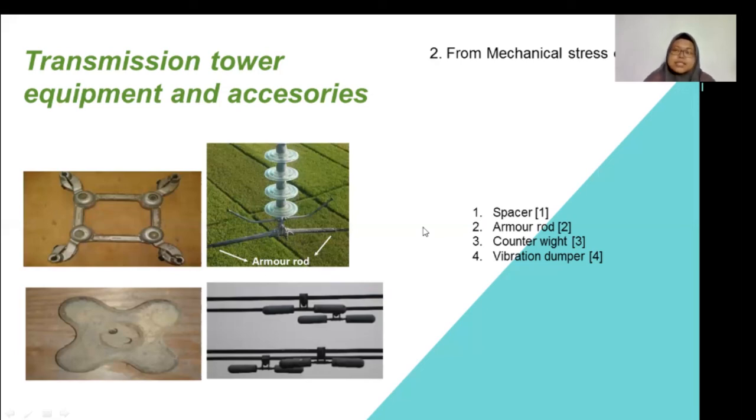The function of spacer is as a separator, and the second is armor rod. This is to protect the aluminum conductor from mechanical stress, and this is counterweight. Counterweight is used to keep the conductor jumper stable in position, and this is a vibration damper, used to decrease vibration at the termination point.